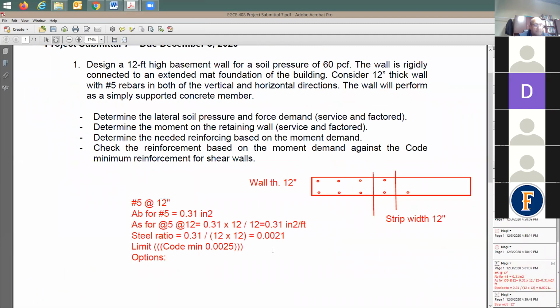Option number 1, add another layer of reinforcing. Option number 2, reduce the rebar spacing.